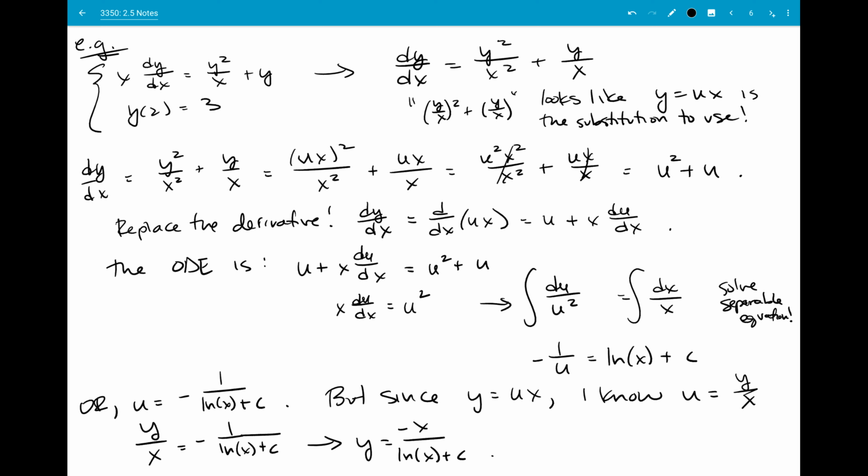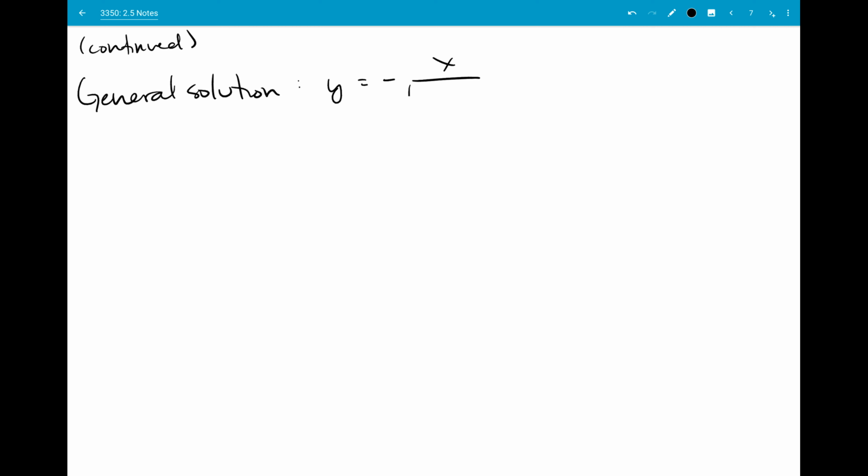Oh, I'm not done here, because I had an initial value problem. So I guess we'll do that on the next slide. So I just found my general solution to be y equal to negative x over natural log of x plus a constant.